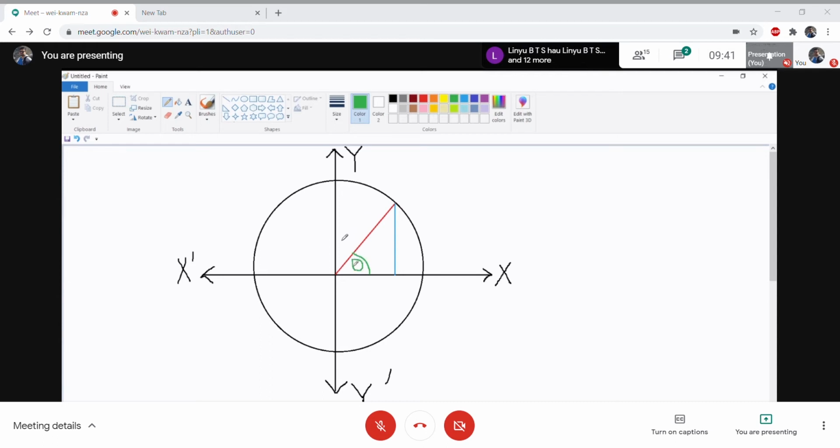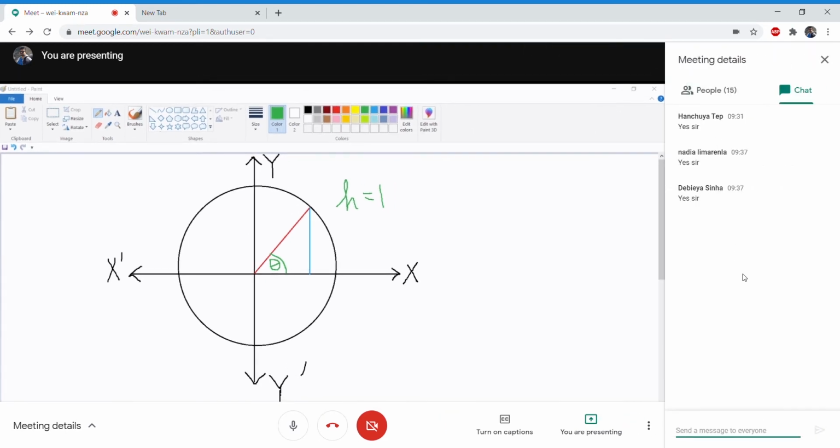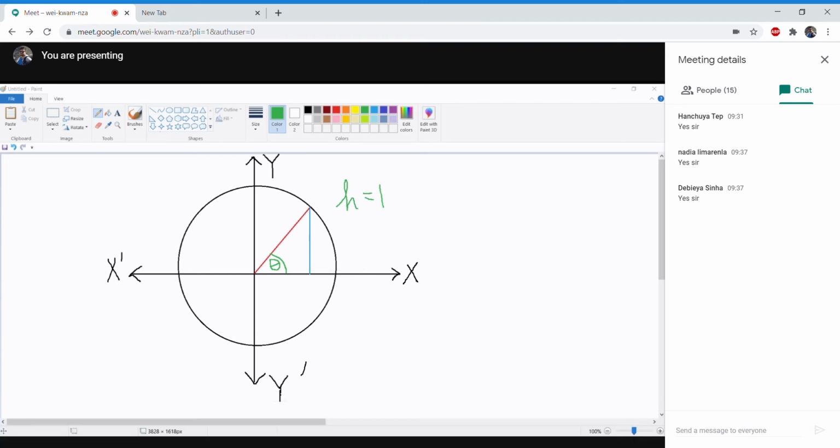We took this angle as theta, right? Now I told you this time h was 1, that means the radius was 1, right? Unit radius. So it was unit radius.